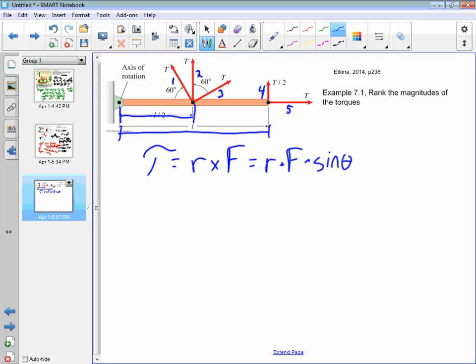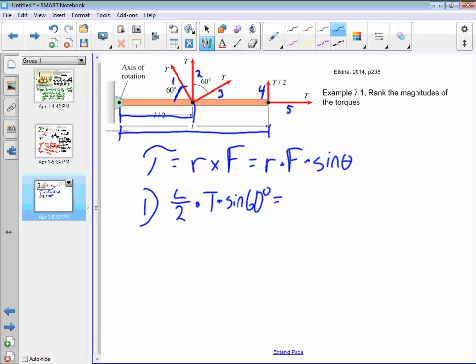So let's go ahead and solve these out. Number 1, I'm going to do R cross F. So that would be the L, and we'll use a capital L, L half times the force T times this angle right here. It's going to be sine of 60 degrees.